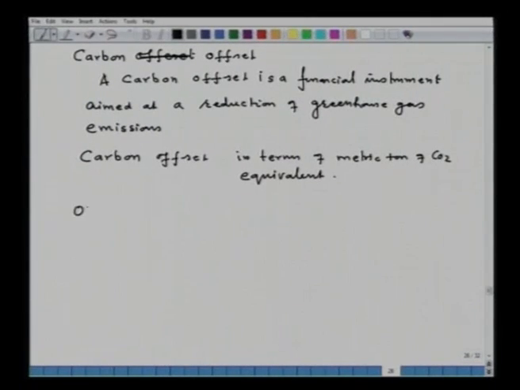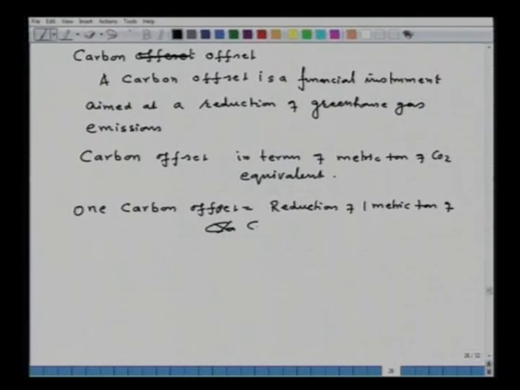That means one carbon offset is equal to a reduction of 1 metric ton of CO2 or its equivalent in other greenhouse gases.